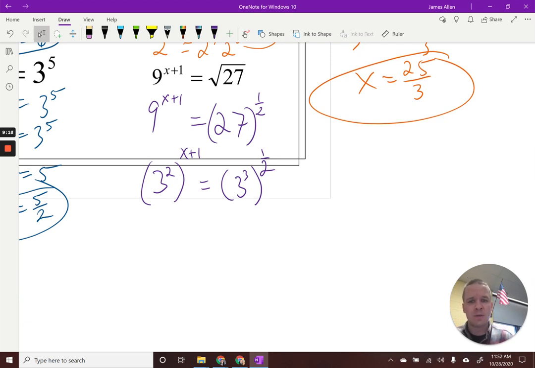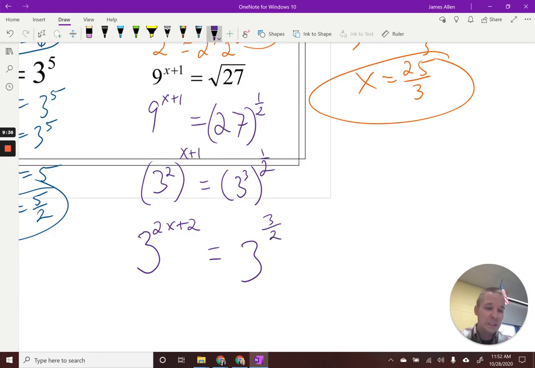So my exponent rules tell me to multiply when it's power to a power. So it's going to be 3 raised to the 2x plus 2. So I got to distribute the 2 to the x and to the 1. Equals, and then here I'm going to have 3 to the, well, 3 times 1/2 is 3 over 2. Ugh, fractions, right? You can handle them. It's going to be great.